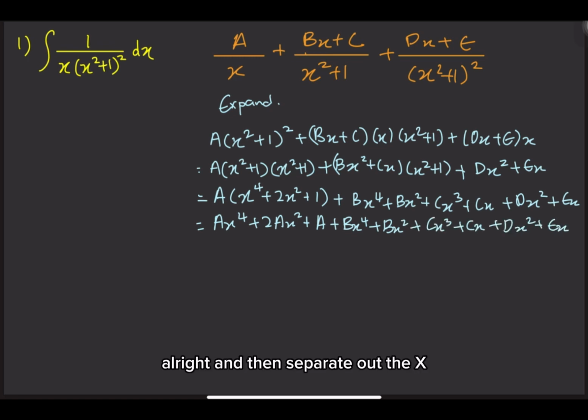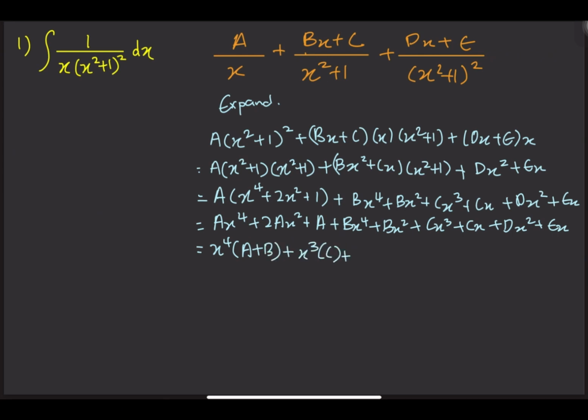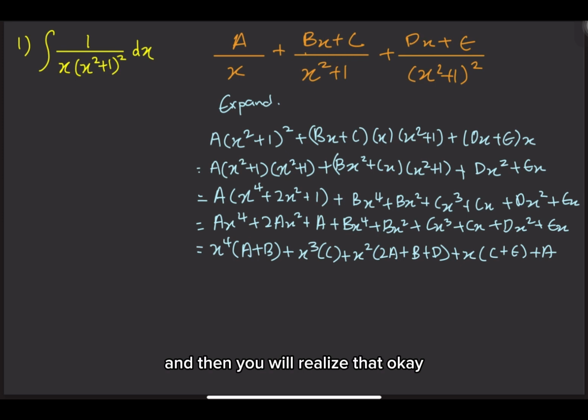Alright, and then separate out the x's. And then you will realize that, if you compare against each other, on the top 1 equal to all this, you will notice that A is equal to 1.